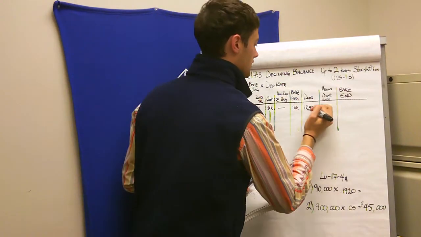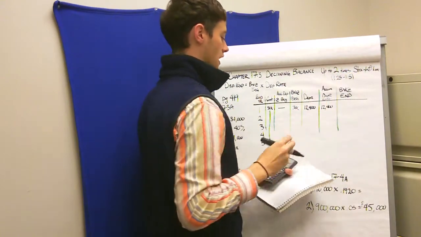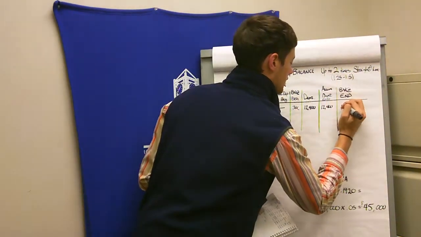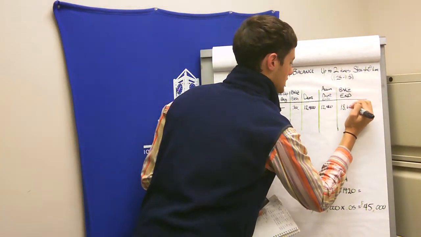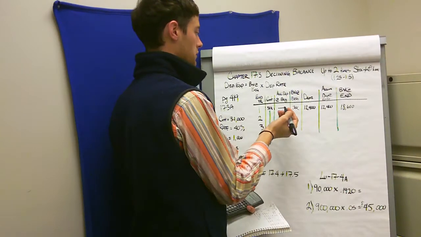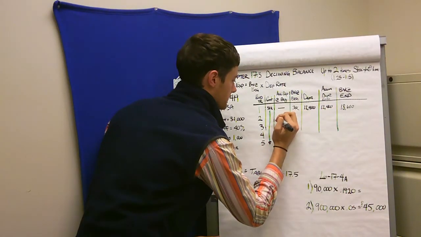So what's accumulated? Just that, 12,400. So our book value, we subtract that from 31,000, gets $18,600.